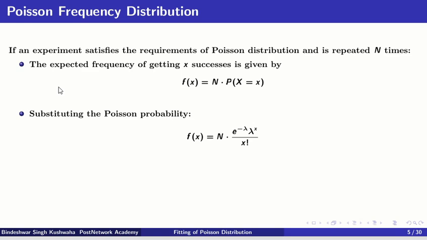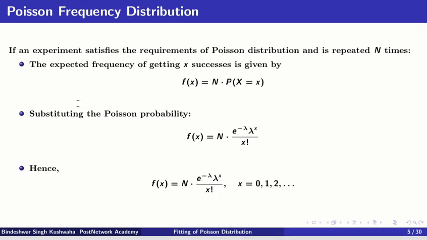If you substitute the formula, you will get f(x) equals capital N into e raised to minus lambda, lambda raised to x upon factorial x, where x is 0, 1, 2, and so on.